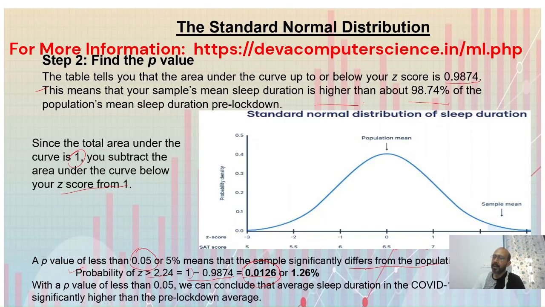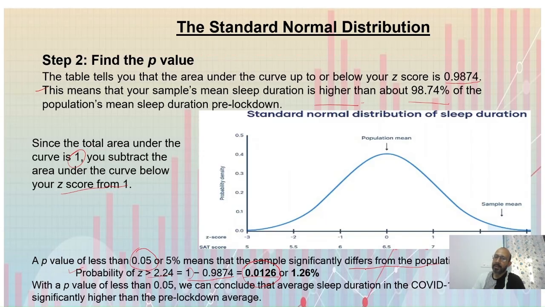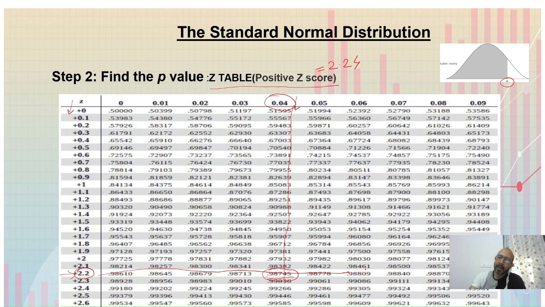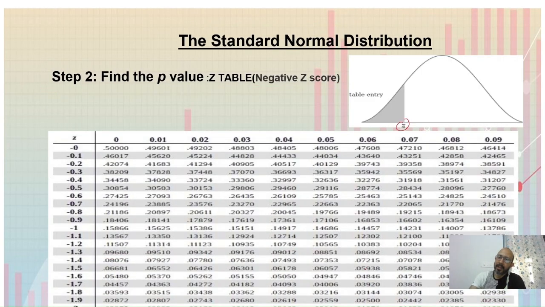I think now we can understand the Z test, also hypothesis test, and you can find the z-score value, use the z-score positive table or z-score negative table.